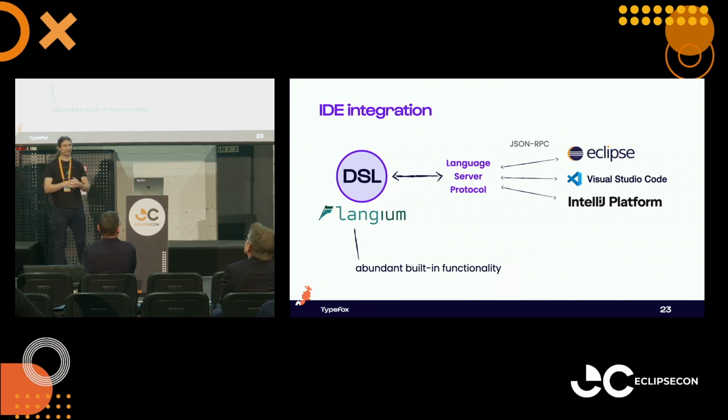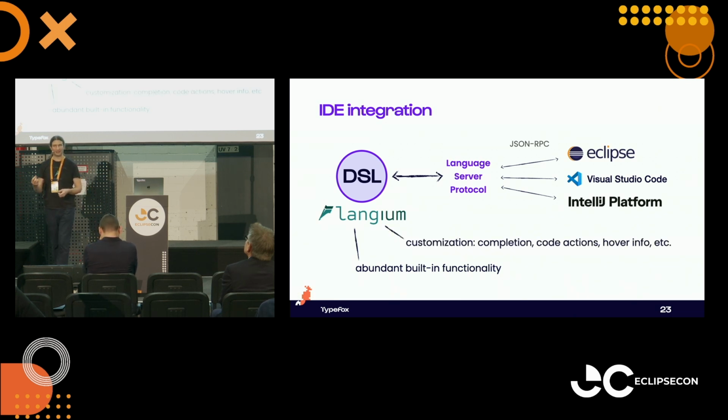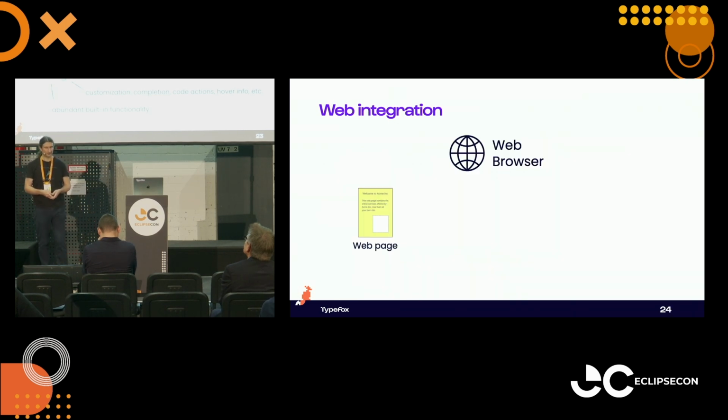Even without adding more code, you already get a lot of functionality in the text editor, but you can also customize it. You can adapt the code completion and many other features of the text editor exactly like you want it, or better said, like it helps most the target users that you have in mind.